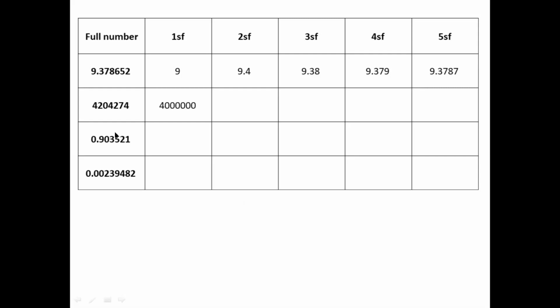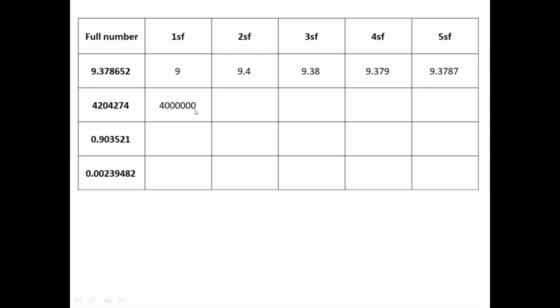You round it down because 4 is a significant figure, but these zeros are necessary in here because that's where the 10 to the power of whatever, of 6 in this case, resides. You can't round that to just 4 and lose all these zeros. You have to keep all these zeros.